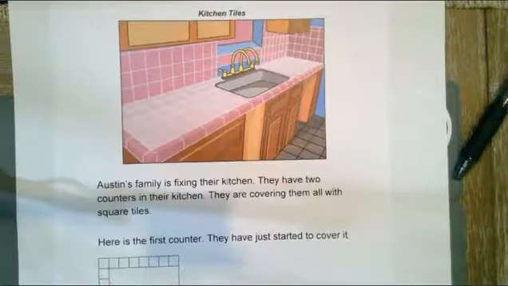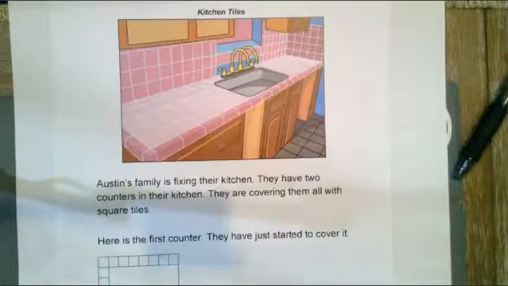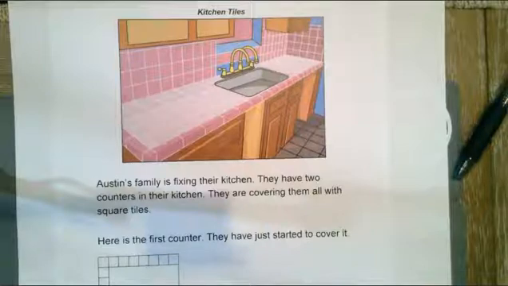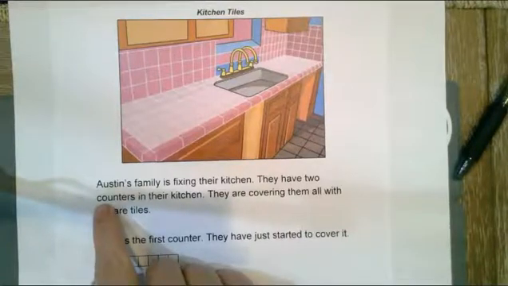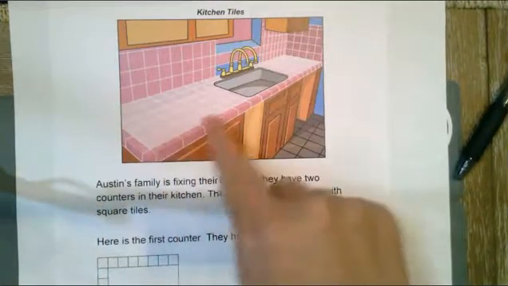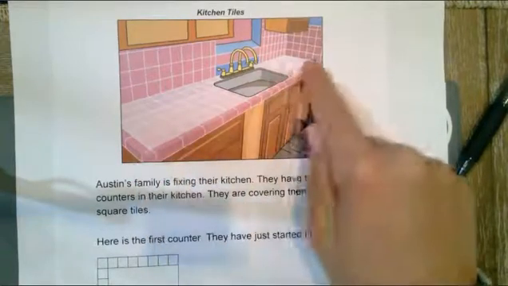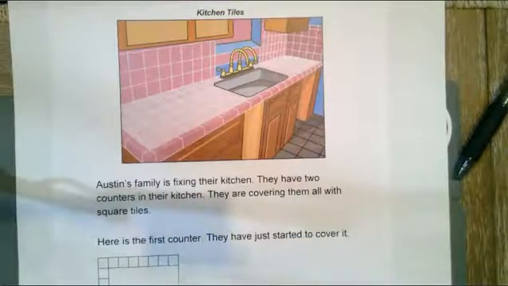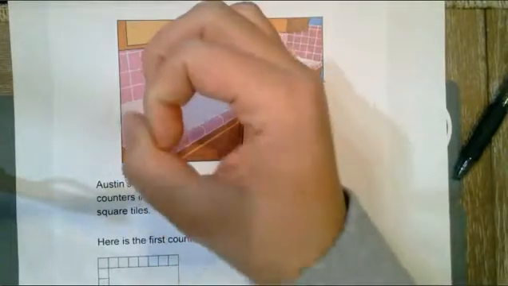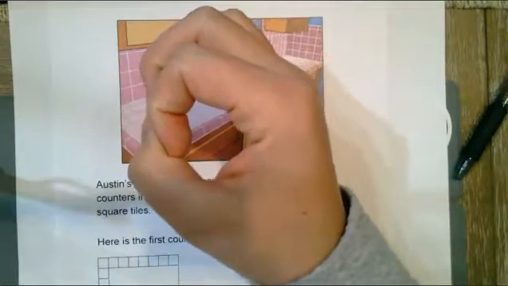Okay, so what is this story about? Well, this story is about a family. It's Austin's family in particular, and they're fixing up their kitchen. There's a couple counters in their kitchen. Just to clarify, we're talking about counters like a place where you set things on. I know we say counters a lot in math to refer to the little circular counters that you've sometimes used.